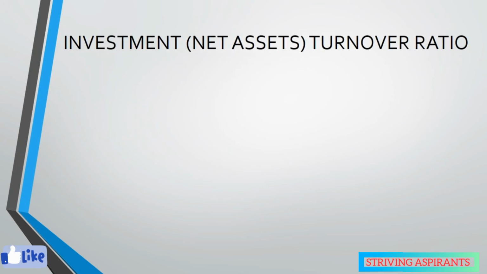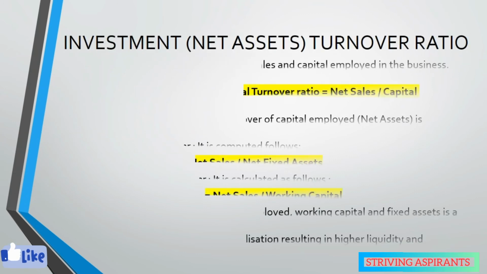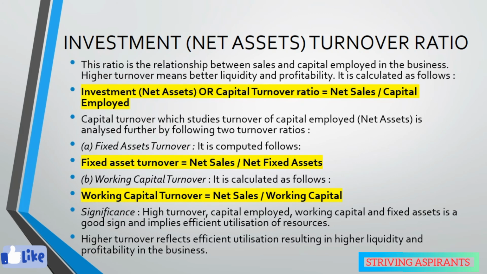Finally, we will see what is investment or net assets turnover ratio, which is also called capital turnover ratio. This is the relationship between sales and capital employed. So the calculation formula is investment or net assets or capital turnover ratio equals net sales divided by capital employed.